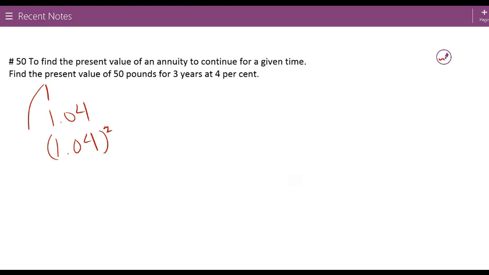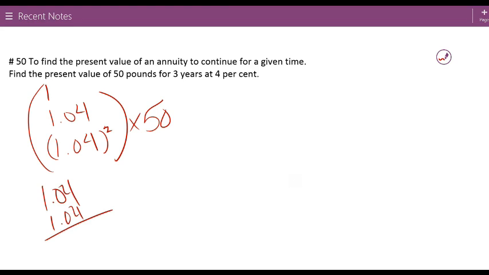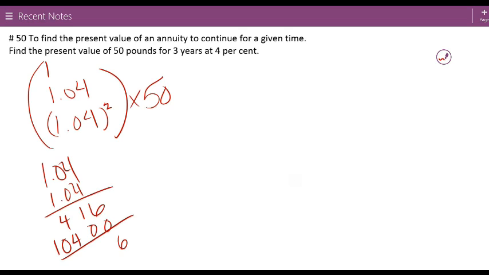And then we're going to take that whole value and multiply it by 50, which again you can do using the method I just showed you at the top. So that would be 1.04 times 1.04.